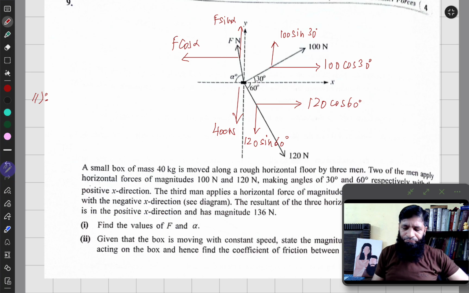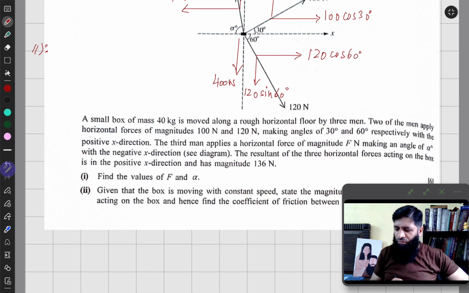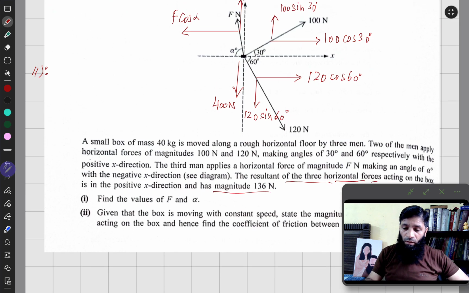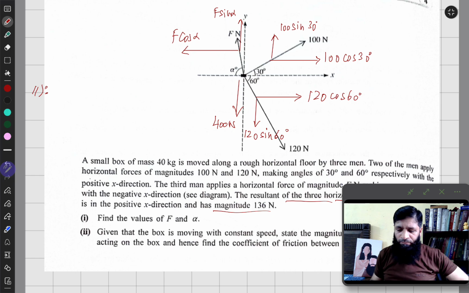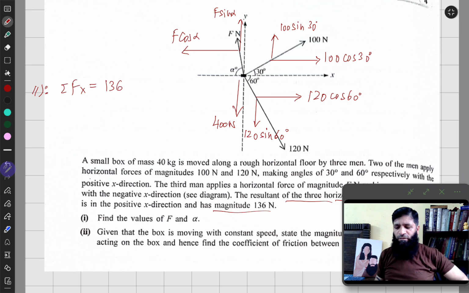If you read the statement, the resultant of three horizontal forces acting on the box is in the positive x direction and has magnitude 136 newtons. So if you sum up all the horizontal forces, this will give you 136 newtons. So summation Fx is basically 136, the sum of all horizontal forces.